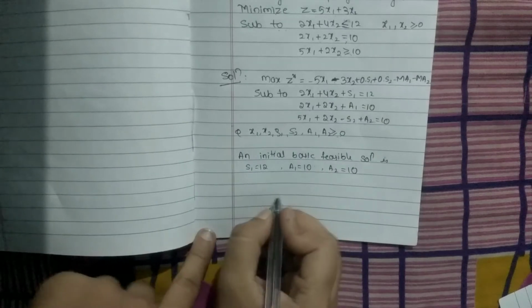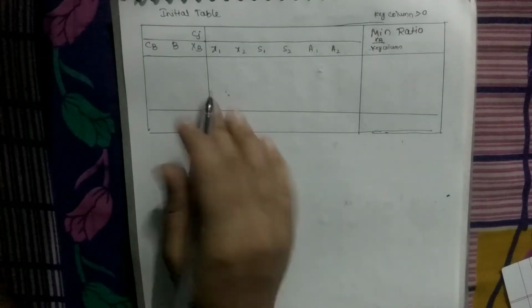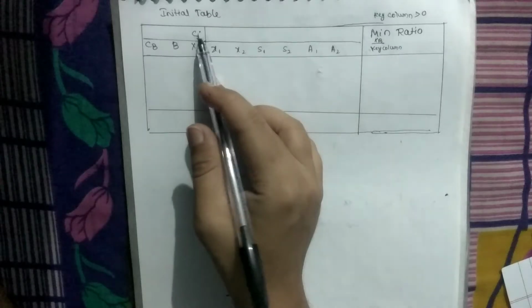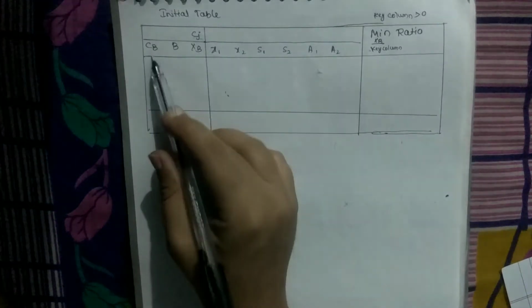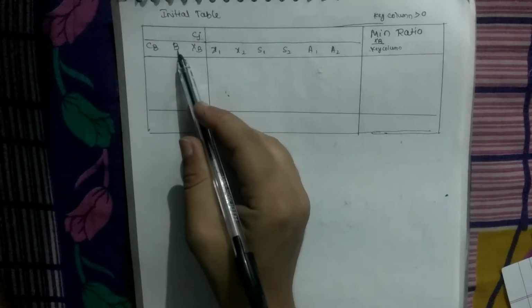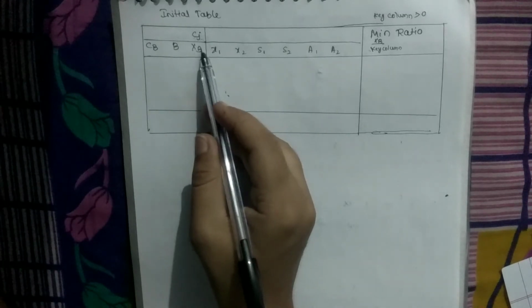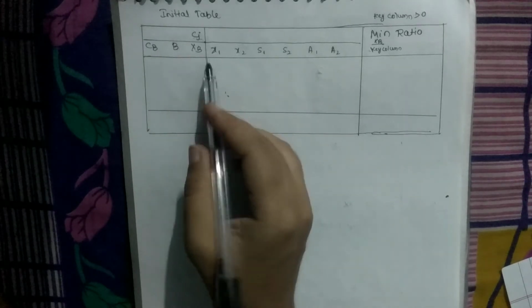Then the next step is to construct the initial table. This is the format of the initial table. Here Cj is the coefficients of the objective function, B is the basic variables, xb is the RHS set of values, and cb is the coefficients of the basic variables.